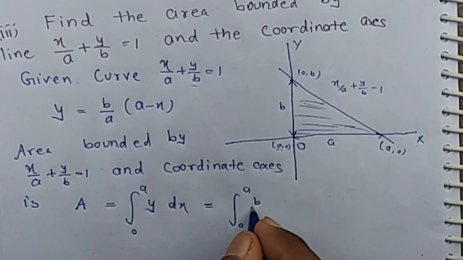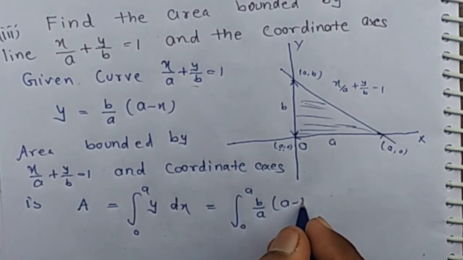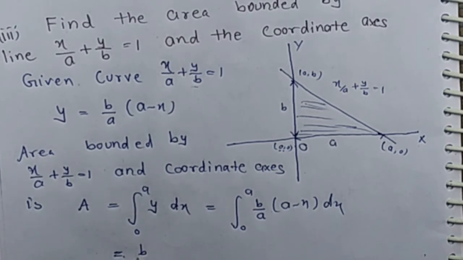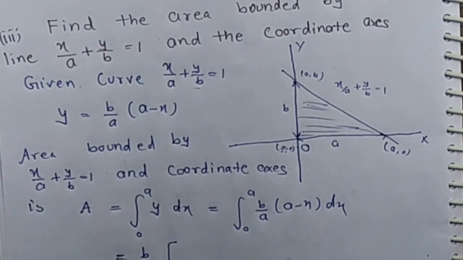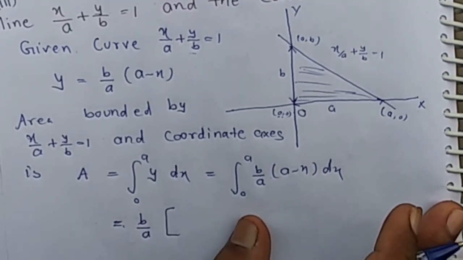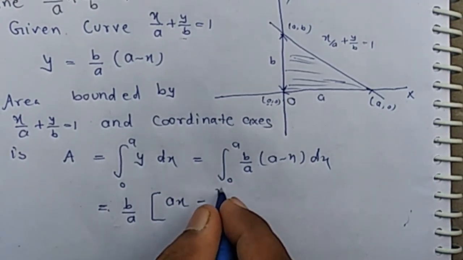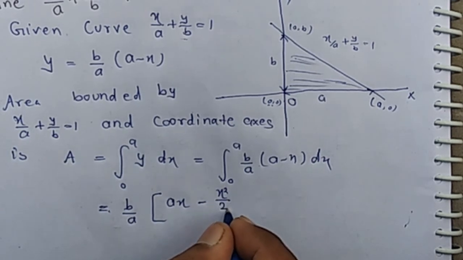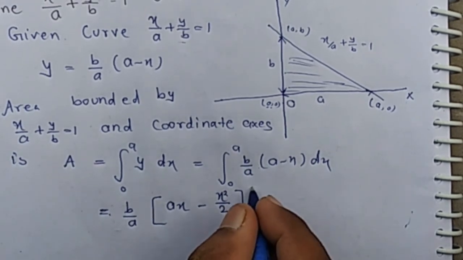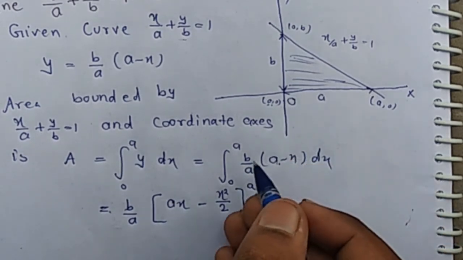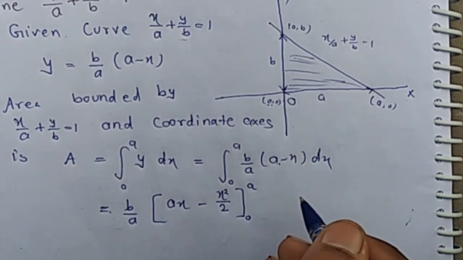Value of y, then b by a, integration of this term: ax minus x square by 2, 0 to a, meaning integration of a is ax and integration of x is x square by 2.